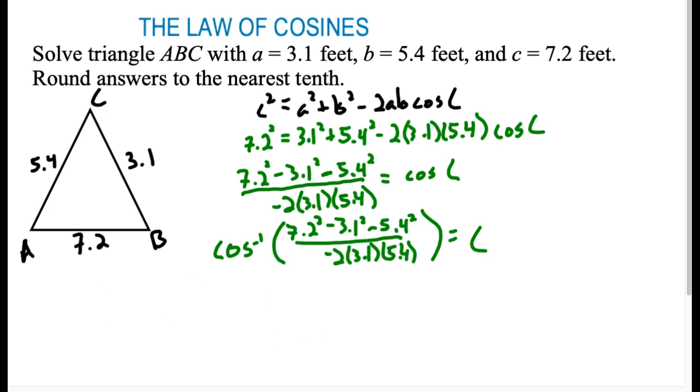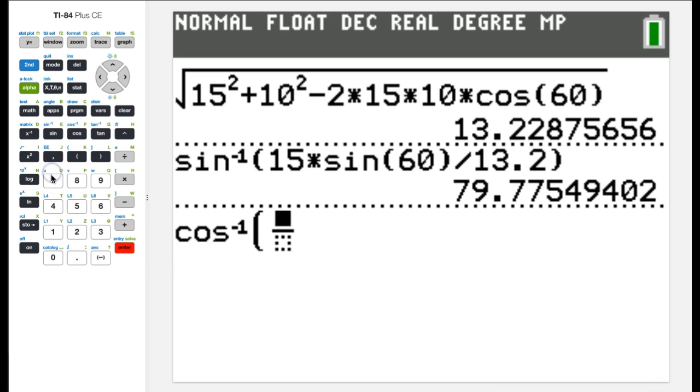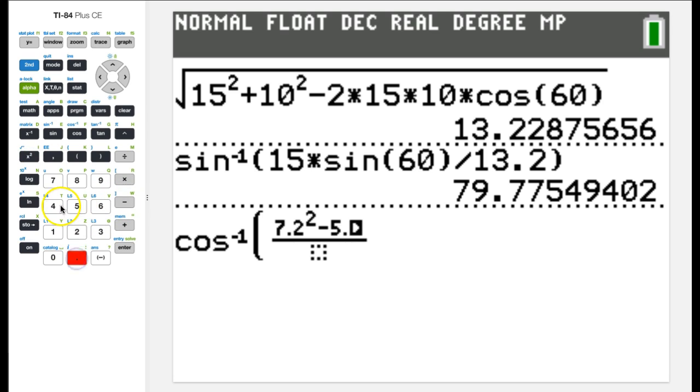So we've got 7.2 squared minus 5.4 squared minus 3.1 squared all over -2 times 5.4 times 3.1.